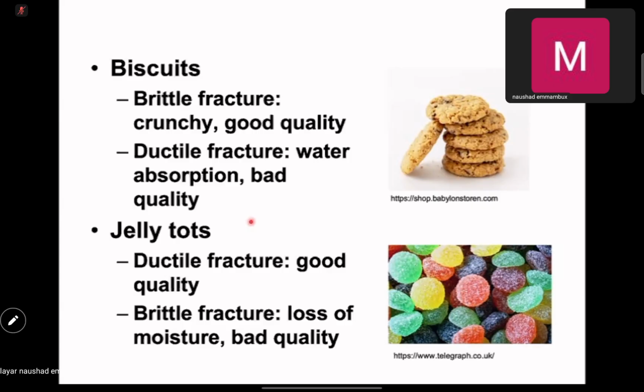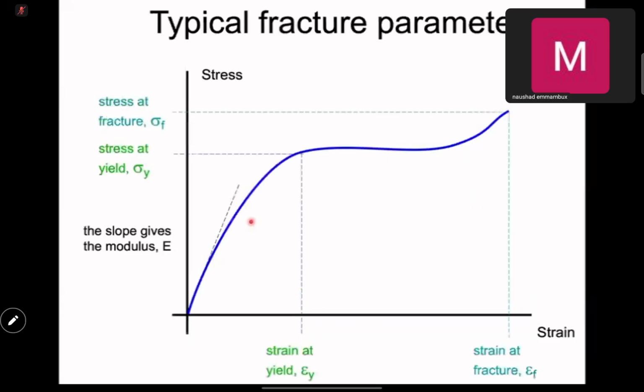Okay. So when you talk about typical fracture parameters, if you go beyond the yield stress it is permanent, and if you go lower than your yield stress, it becomes reversible. If you look at the part at the beginning, it's mostly a straight line, and we have a slope here.